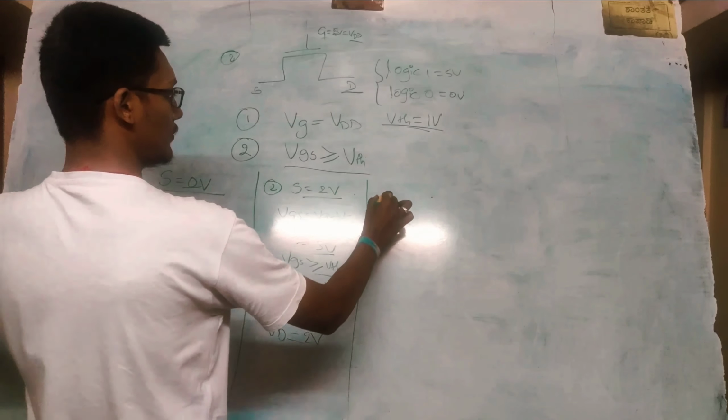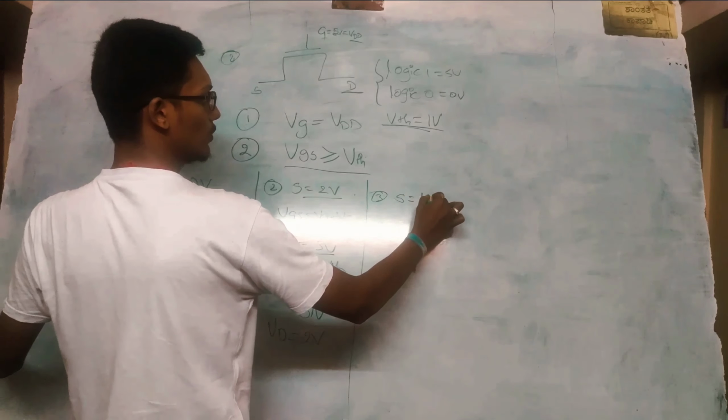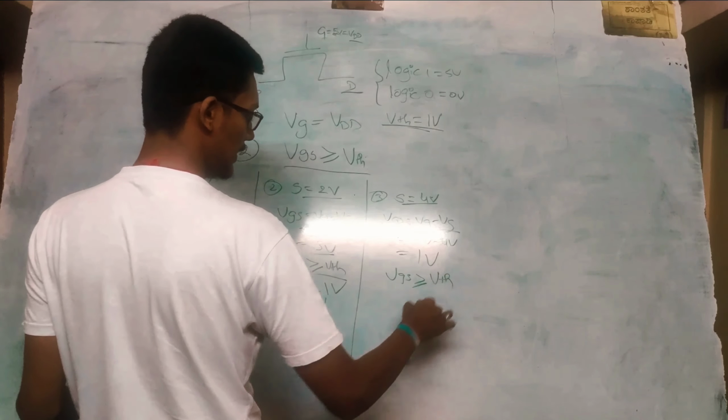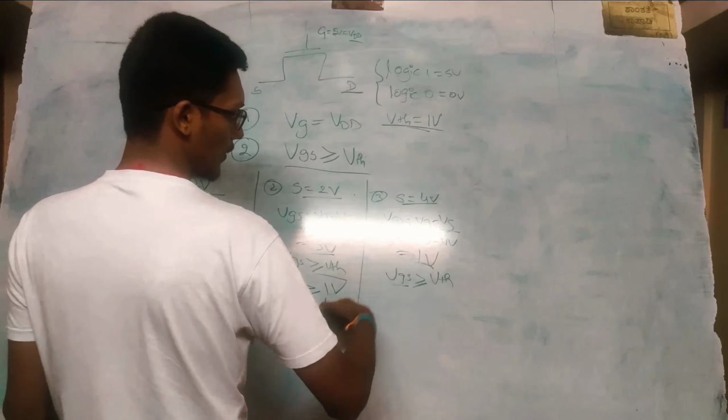For the third case, I will take S equal to 4 volts. VGS is equal to VG minus VS, so 5 volts minus 4 volts equals 1 volt. The condition is that VGS should be greater than or equal to VTH. VGS is 1 volt, which should be greater than or equal to VTH, also 1 volt.